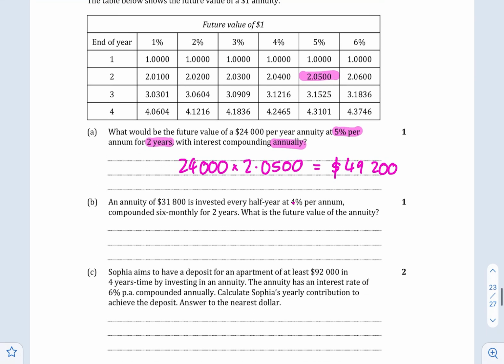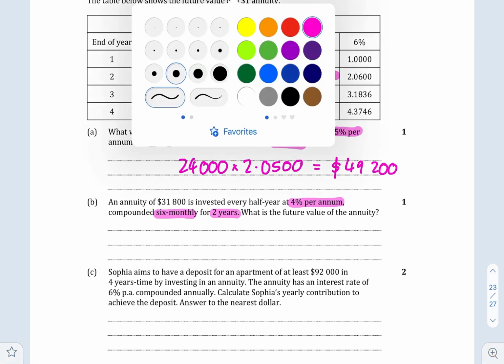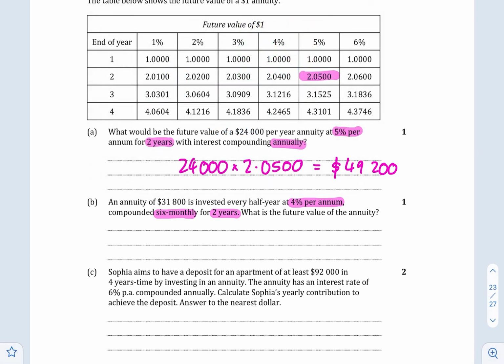Next for B, if you'll see here, it's 4% per annum. Oops, we need a highlighter there. 4% per annum, 6 monthly for 2 years. So that means if it's 6 monthly, we need to halve the percentage and multiply the time. So if we do that, I'll do a different highlighter here.